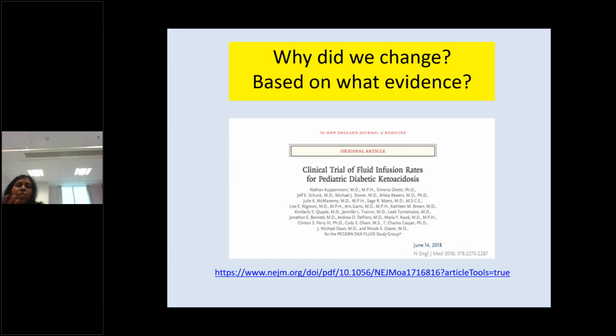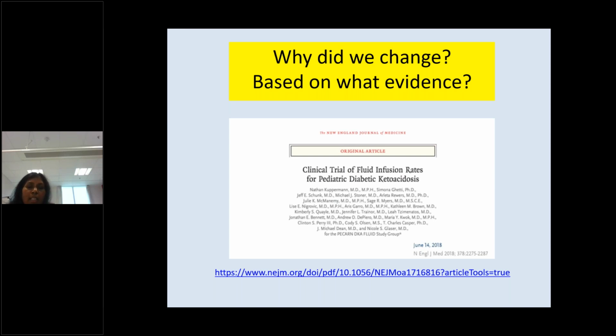So why did we actually change all these? What is the reason for us to change our BSPED DKA guidelines between 2015 and now? This is based on this seminal paper, which was published in the New England Journal of Medicine in 2018.